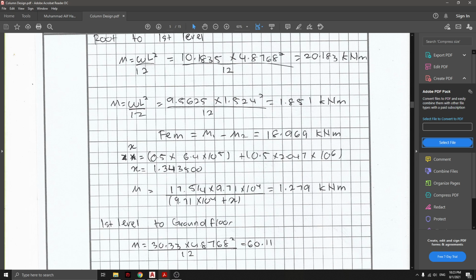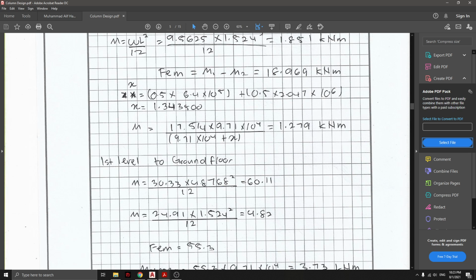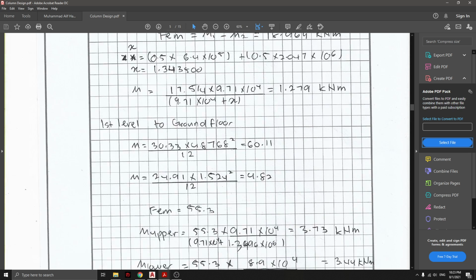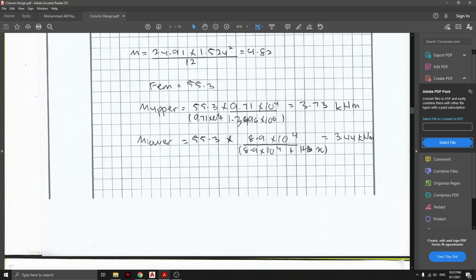And then we find the M for roof. I got 1.279 kilonewton meter. First level to ground floor, I got 60.11, 4.82 FEM. And then we find the M upper 3.73 kilonewton meter, M lower 3.44 kilonewton meter.